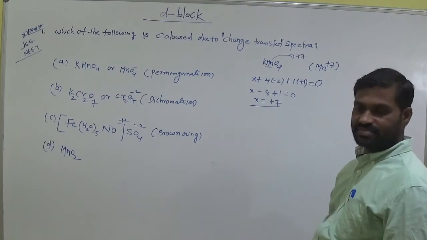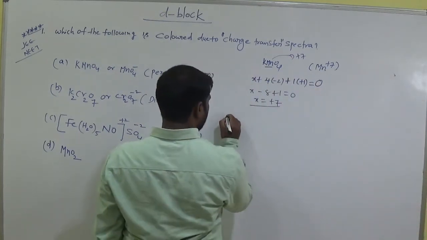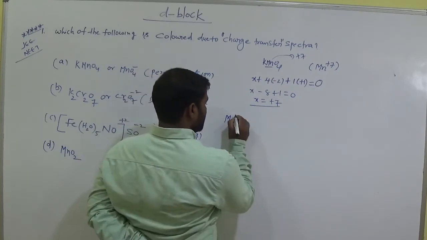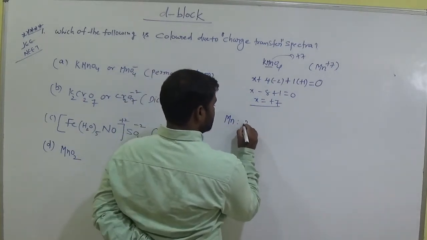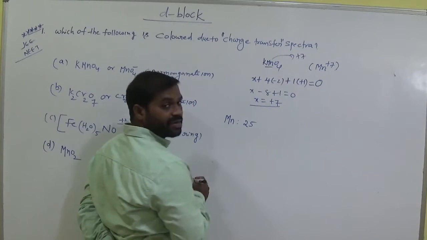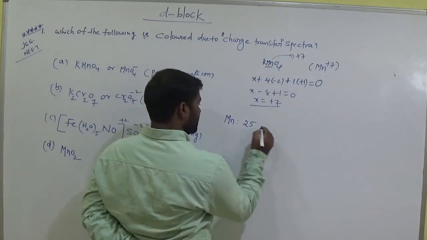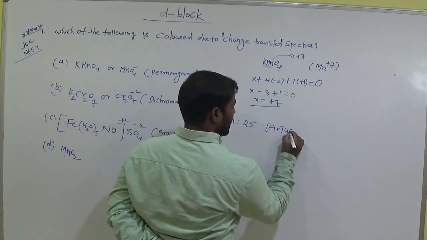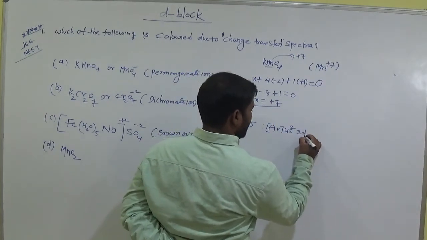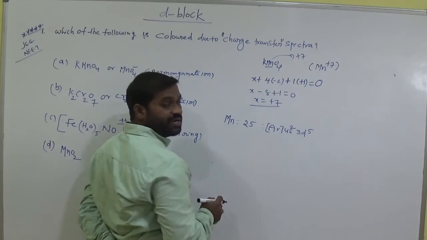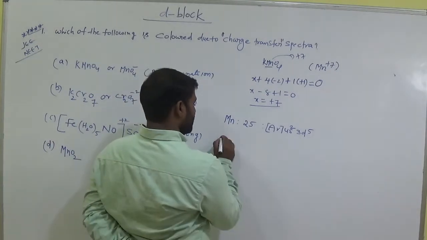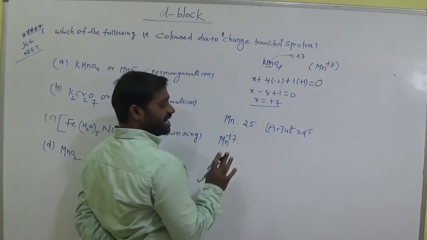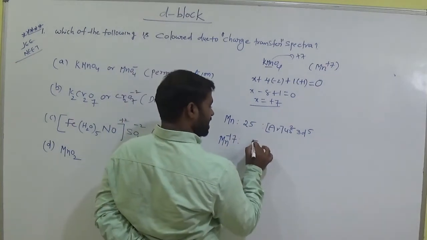So in this compound manganese is +7. Manganese atomic number is 25, so its electronic configuration is argon 4s2 3d5. 18 plus 2 is 20, plus 5 is 25. Now Mn+7 means remove 7 electrons from manganese.